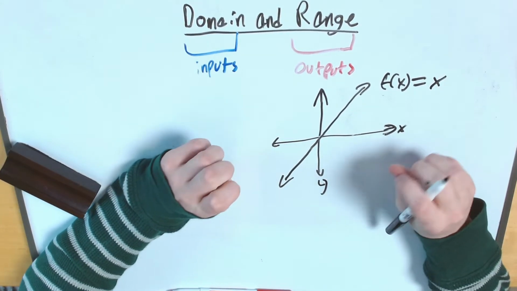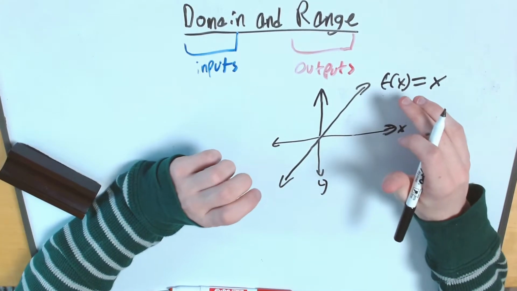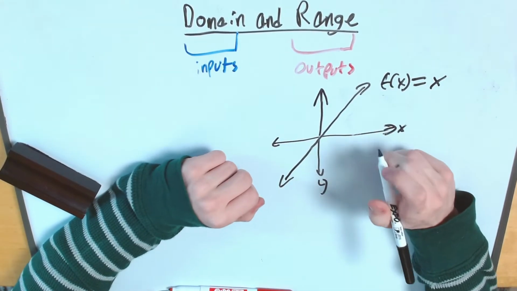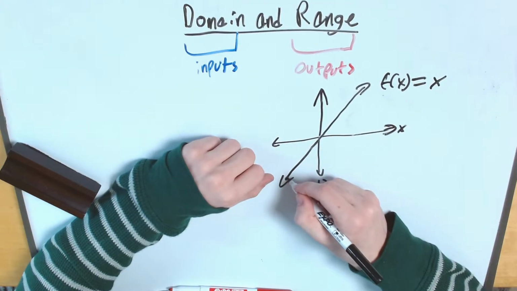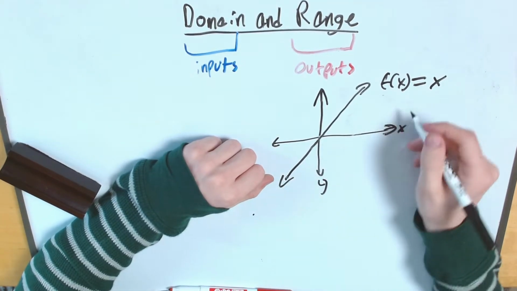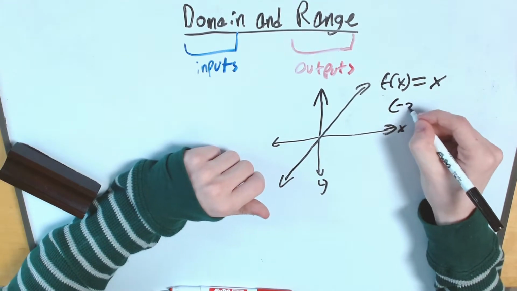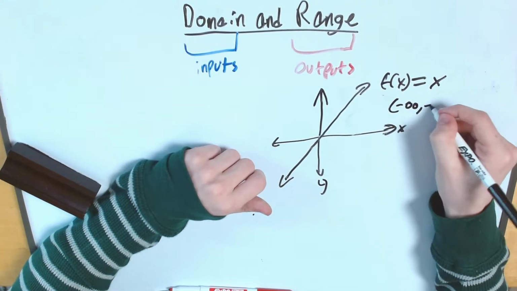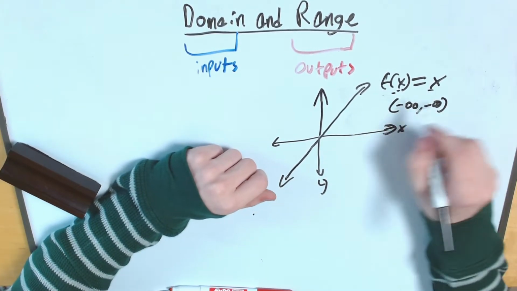But we can make this process a lot easier if we think about this function as just a collection of points, just a whole bunch of points. We have a whole bunch of negative points, actually all the way down to negative infinity. So we can say, if negative infinity is a value, we'll have (negative infinity, negative infinity), since if you plug in x, we just get x as f of x.